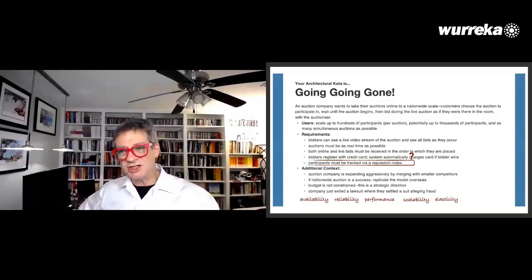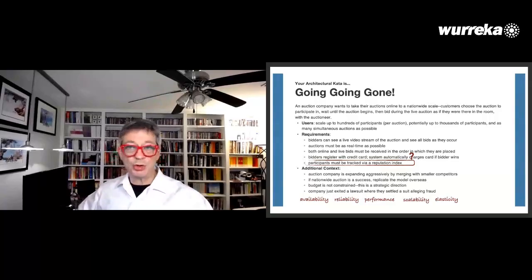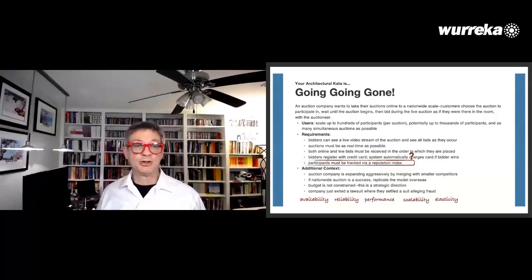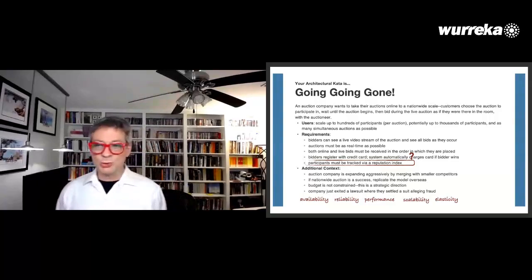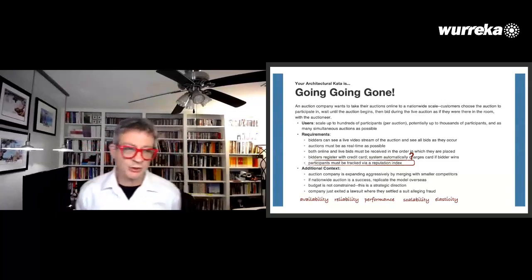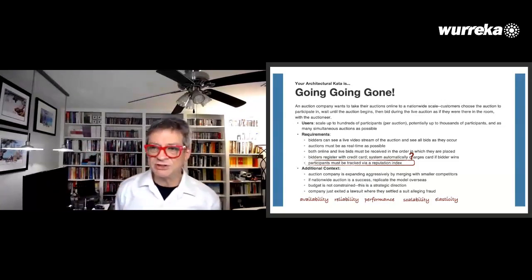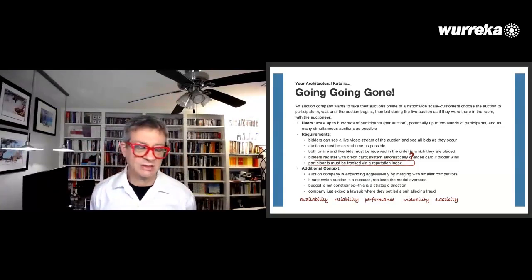But this is actually a bit of a trick question, because this is not an architecture characteristic at all. The question you need to ask yourself as an architect is, do I need special structure in my architecture to support that? One of the clues that this is not an architecture characteristic is that I had to go find a business person to describe what this means.